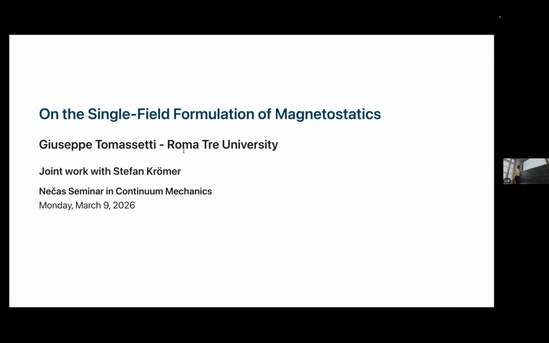So according to this model, if you add also an extra regularizing term, which depends on the gradient of M, the minimizer will develop some sort of domain structures where the magnetization is essentially constant in each domain, and then the structures are separated by domain walls. Okay, so this is the setting for this model.